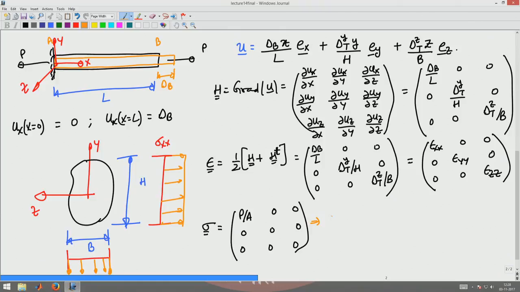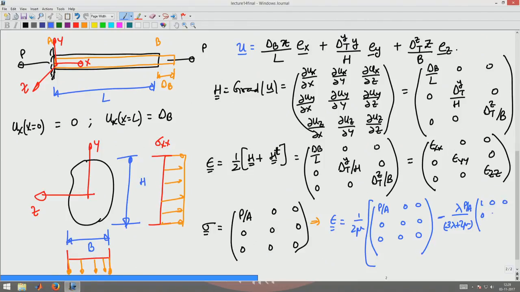From here I get the strain, in terms of the stress, to be 1 by 2 mu p by a times the matrix with diagonal entries 1 0 0 0 0 0 0 0 0, minus lambda by 3 lambda plus 2 mu, p by a into the identity matrix 1 0 0 0 1 0 0 0 1.